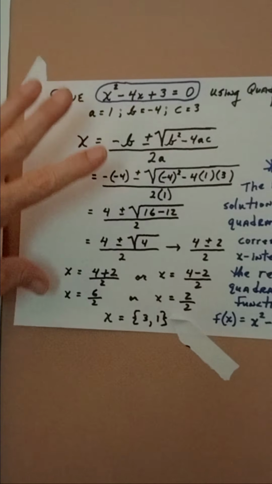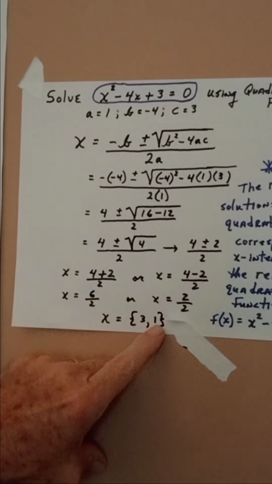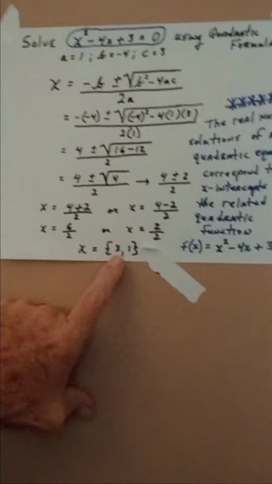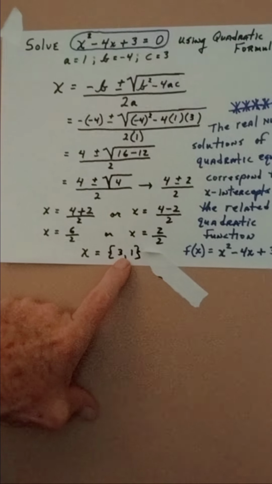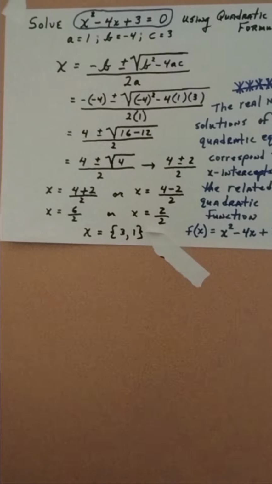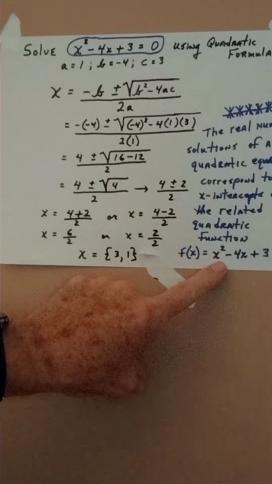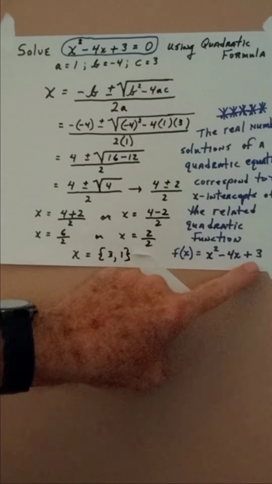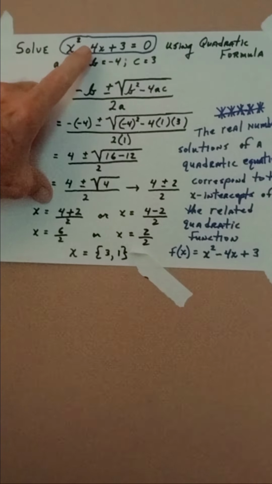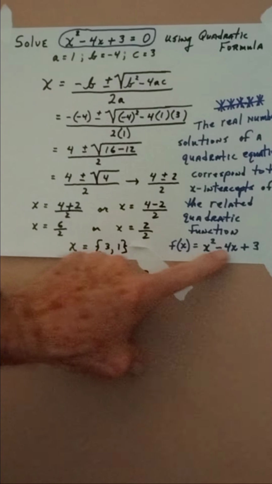And we came to find out down here that it had two real number solutions, positive 3 and positive 1. But now as we move into 8.3, the real number solutions of this equation correspond to the x-intercepts of the related quadratic function f of x is equal to x squared minus 4x plus 3. Notice this trinomial is the identical trinomial that was a part of this quadratic equation. But notice it's being written in function notation.